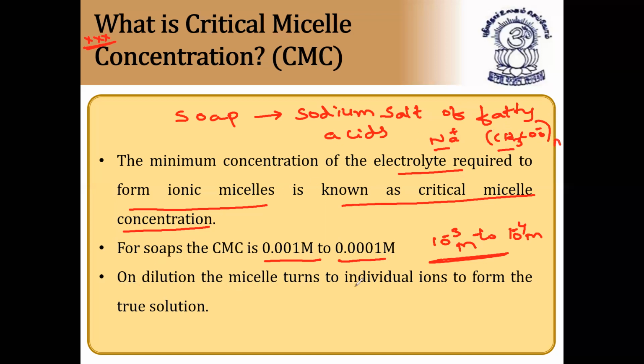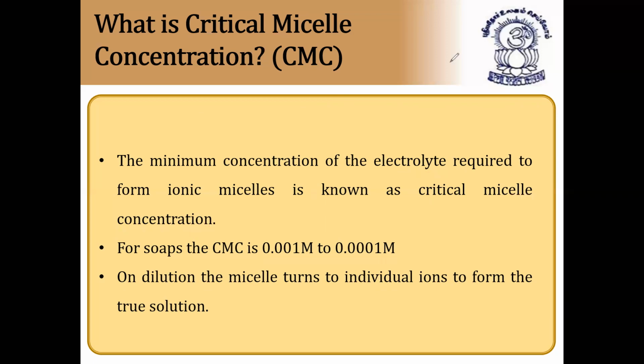On dilution, the micelle turns into individual ions to form the true solution. So the critical micelle concentration varies from 10 to the power of minus 3 molarity to 10 to the power of minus 4 molarity. I hope it is clear. This is called critical micelle concentration, that is CMC.